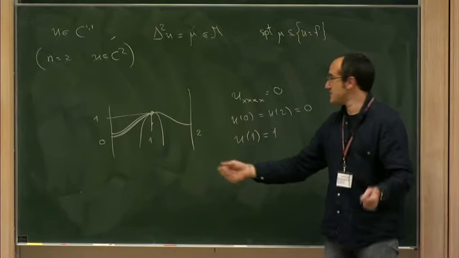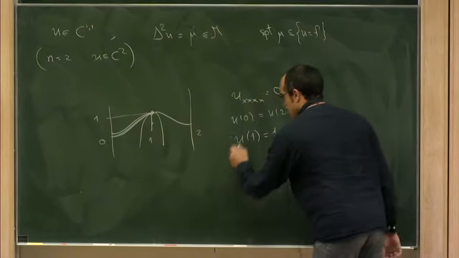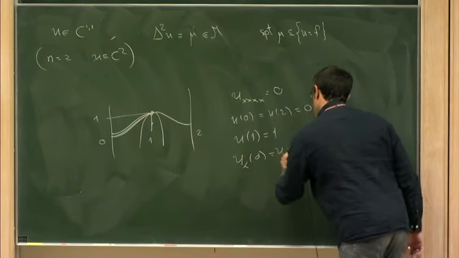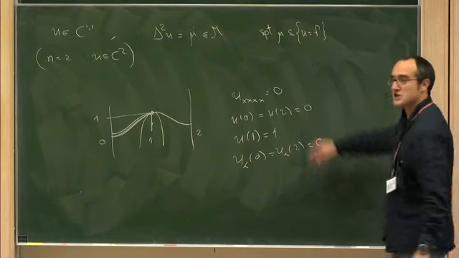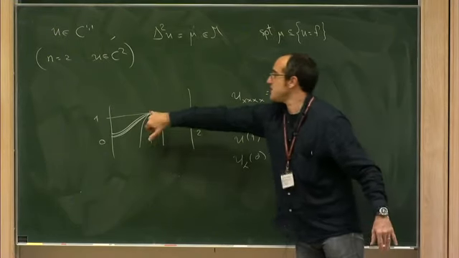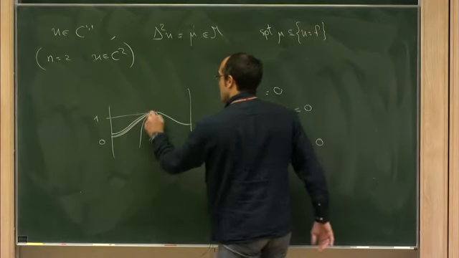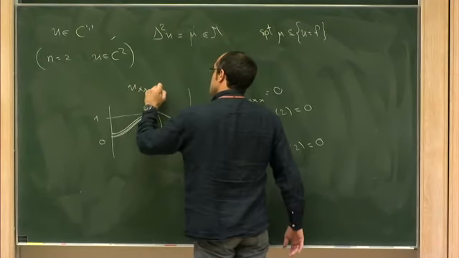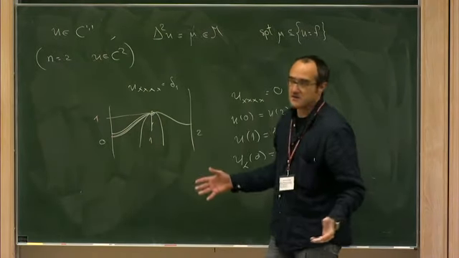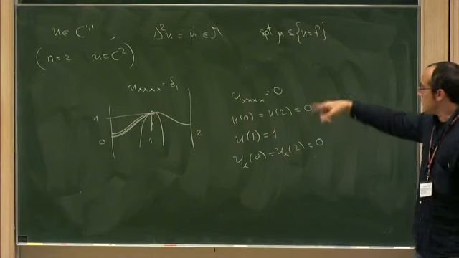If you want uniqueness you have to put an extra condition, for example u_x(0) = u_x(2) = 0, these Dirichlet boundary conditions. This fixes the problem. You can solve it, and you see that the third derivative necessarily jumps here. So in fact u_xxxx is a delta, up to a constant, concentrated at the point 1. So this is really also in one dimension.